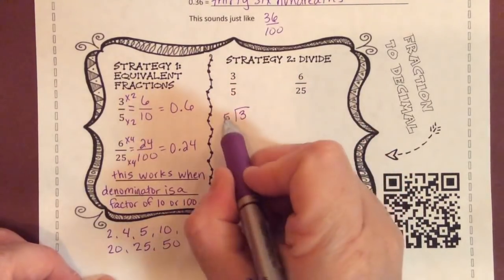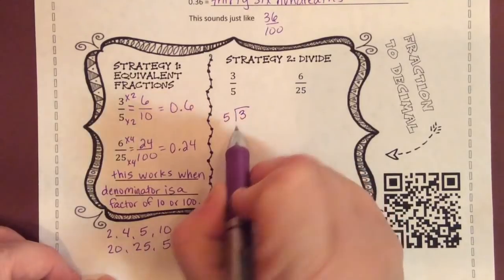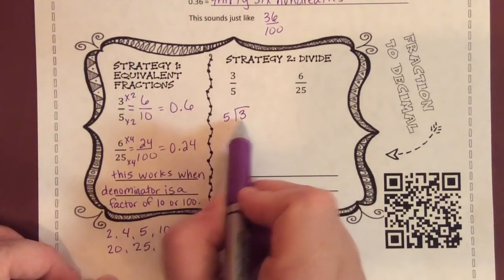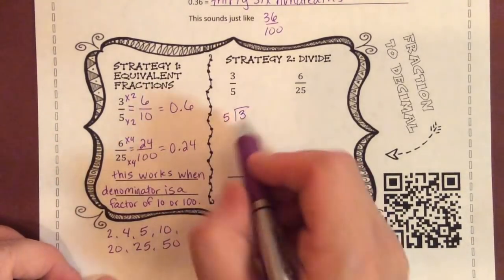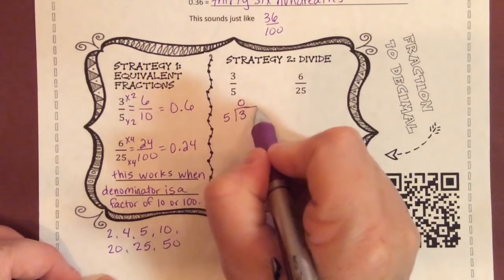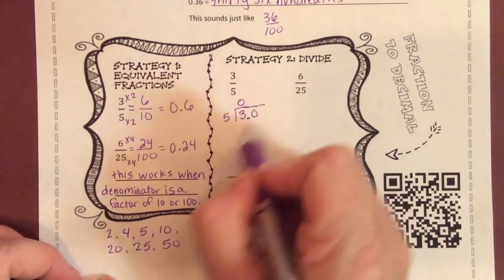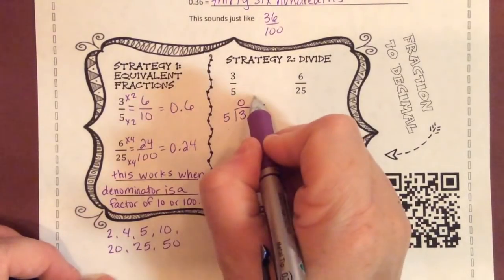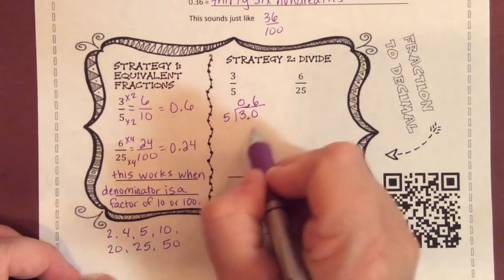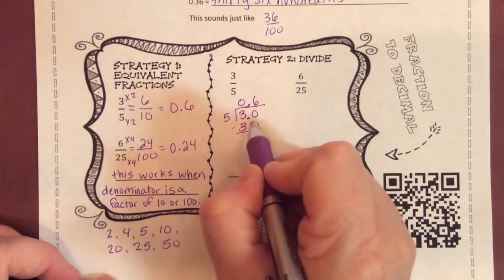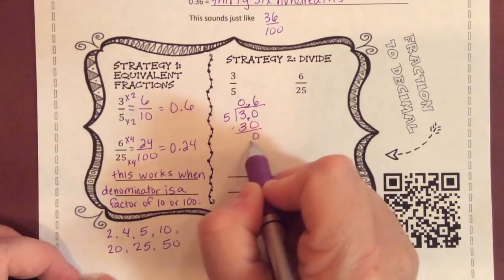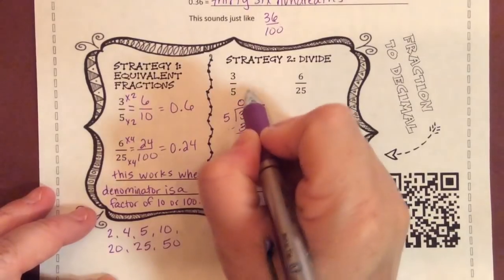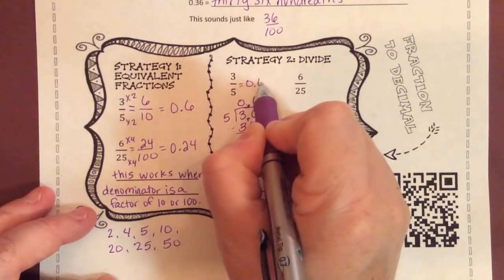Now, a lot of people make mistakes here. They would read this as 5 divided by 3, but be careful. We read it from the inside out. Does 5 go into 3? No. So we're going to add a decimal and a 0 here. But does 5 go into 30? It sure does. 6 times. So 5 times 6 is 30. We just add that decimal right up there.